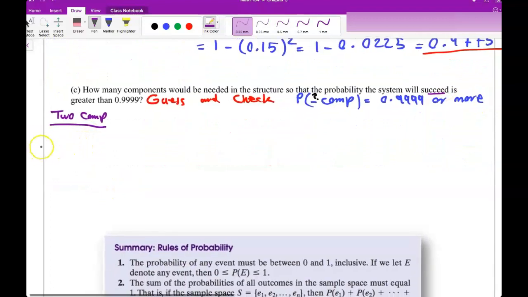We already know the answer from part B. The answer is 0.9775. And this is not enough because this is not equal to 0.9999. So this is not enough and we should continue.